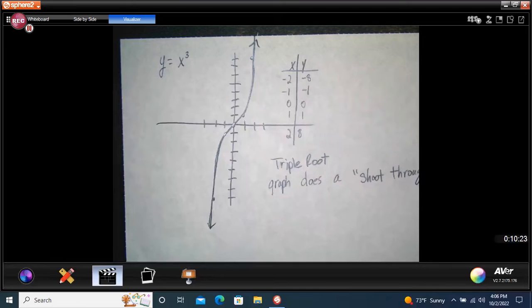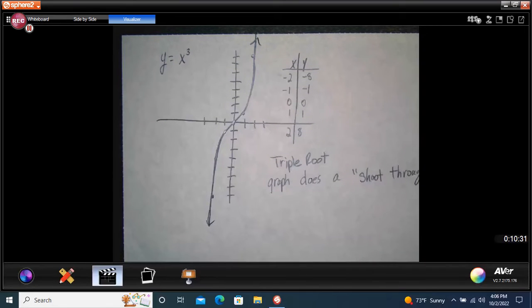The graph does a shoot through, and that's with any triple root. If I'm graphing a quartic equation with a triple root, there's going to be a shoot through at that triple root. If I'm graphing an 8th degree equation with 2 triple roots, there's going to be a shoot through at both of those. So at a triple root, we shoot through.